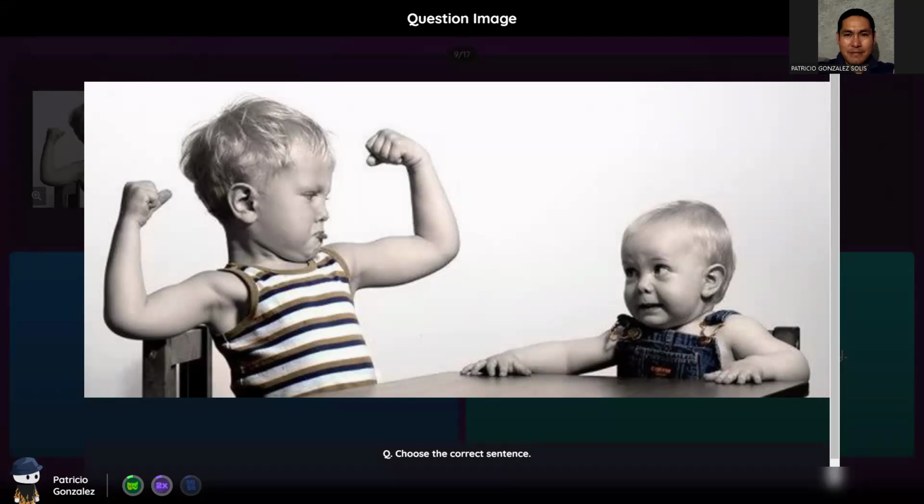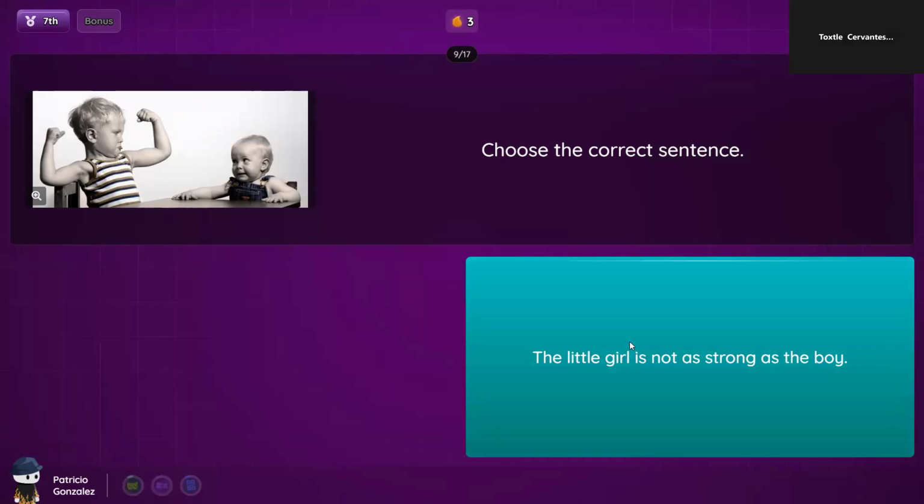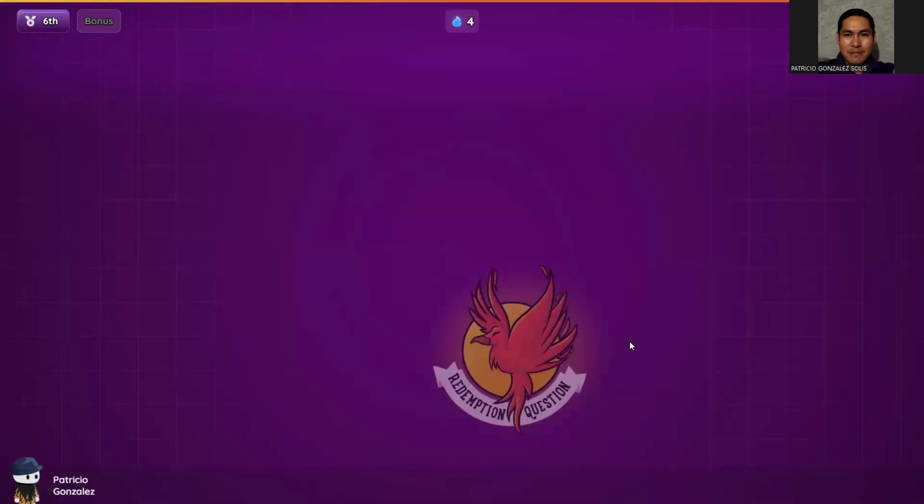Bigger image. First option, second option. This is the little girl. The little girl is not as strong as the boy. The second. Because the boy is stronger. Observe the muscles. Yes, teacher.